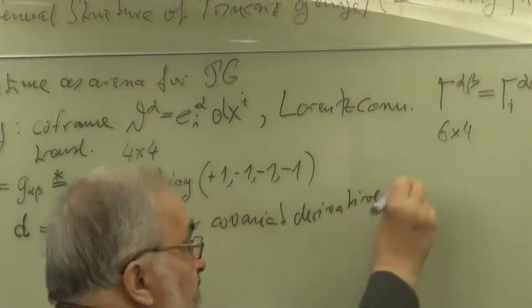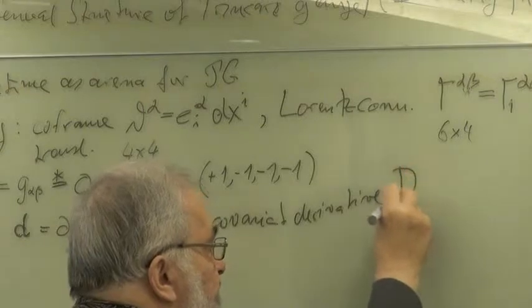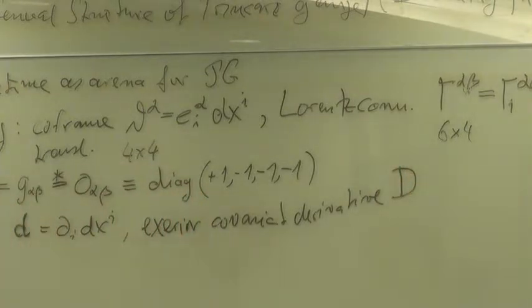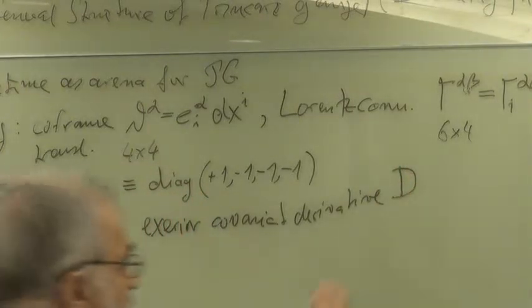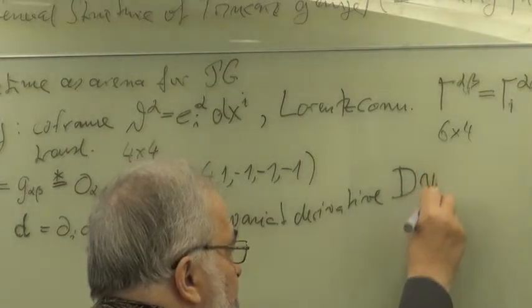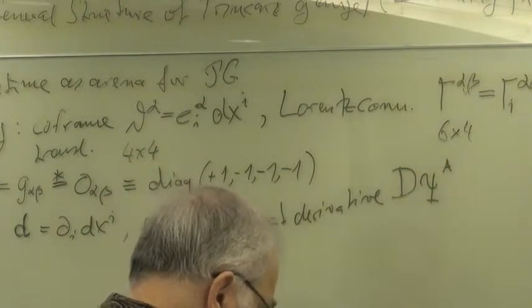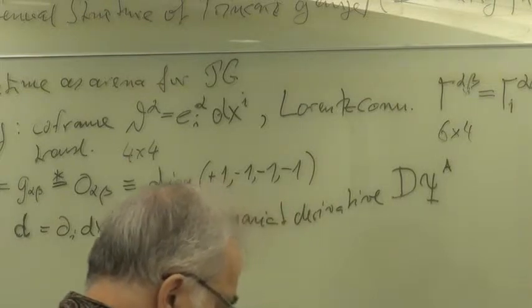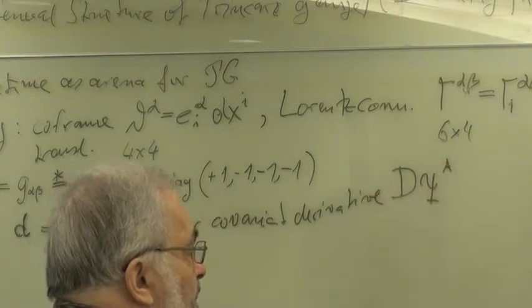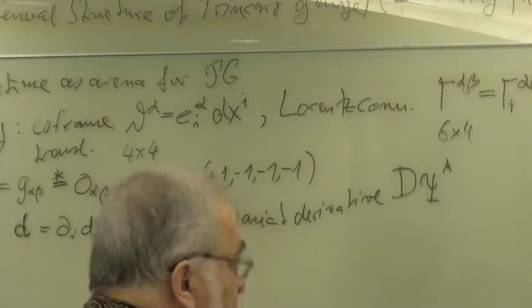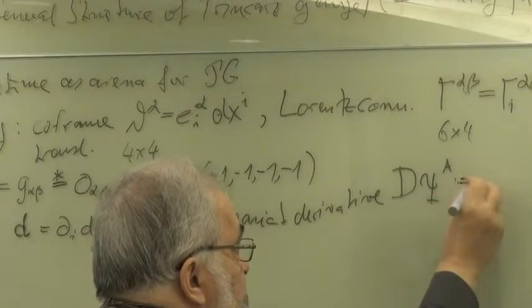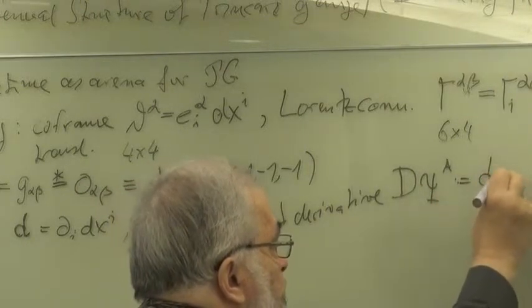So for instance here, which is called with a capital D of psi. Suppose we have a matter field psi with some indices, non-holonomic indices. I symbolize them all collectively with a capital A, and this is by definition the exterior derivative.